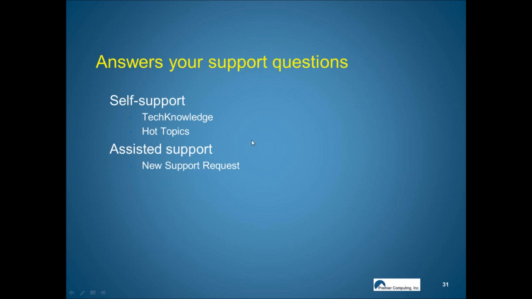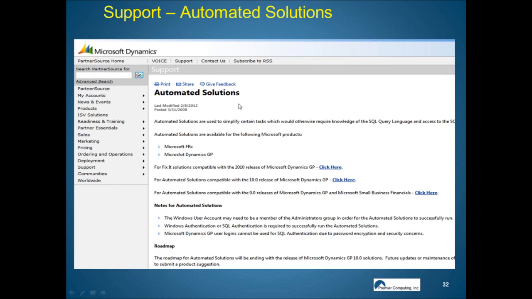And then during the process of getting the support assistance from Microsoft, you will create a new support request. You can edit an existing support request, and this is what it looks like. So as you log into GP, you will go to the portal that is set up for support.